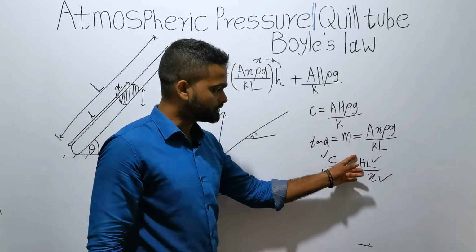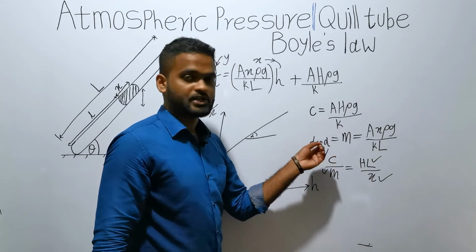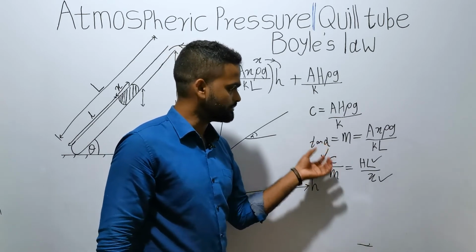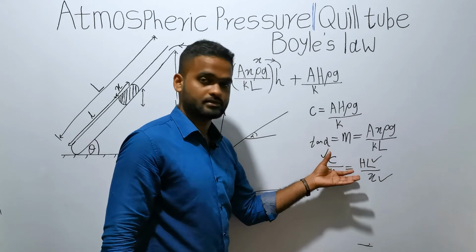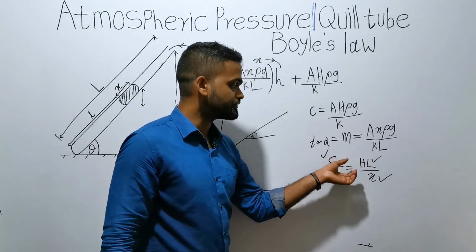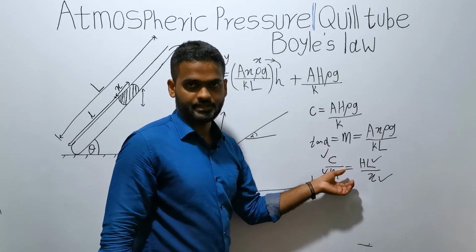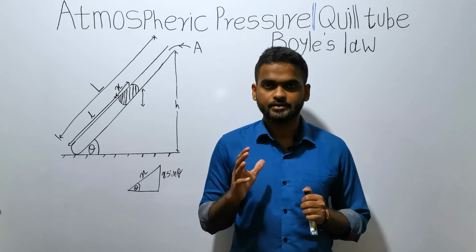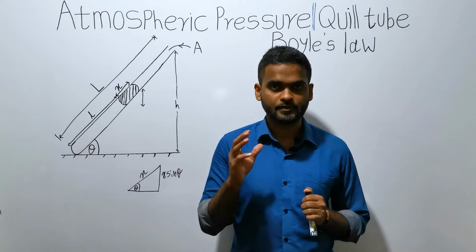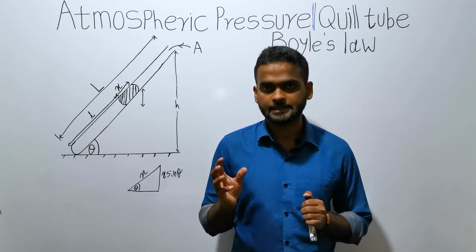Only term unknown is capital H, that is the atmospheric pressure in mercury centimeters. So you can simplify and substitute the values and get a value for atmospheric pressure in mercury centimeters. So like that, you can verify Boyle's law, and also you can find the atmospheric pressure experimentally.